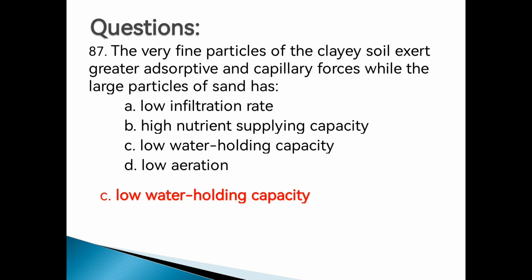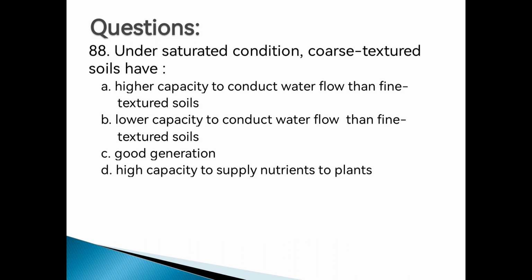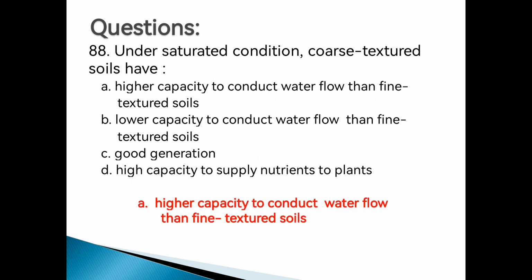Low water holding capacity. Number 88. Under saturated condition, coarse textured soils have: A. Higher capacity to conduct water flow than fine textured soils, B. Lower capacity to conduct water flow than fine textured soils, C. Good aeration, D. High capacity to supply nutrients to plants. The correct answer is A. Higher capacity to conduct water flow than fine textured soils.